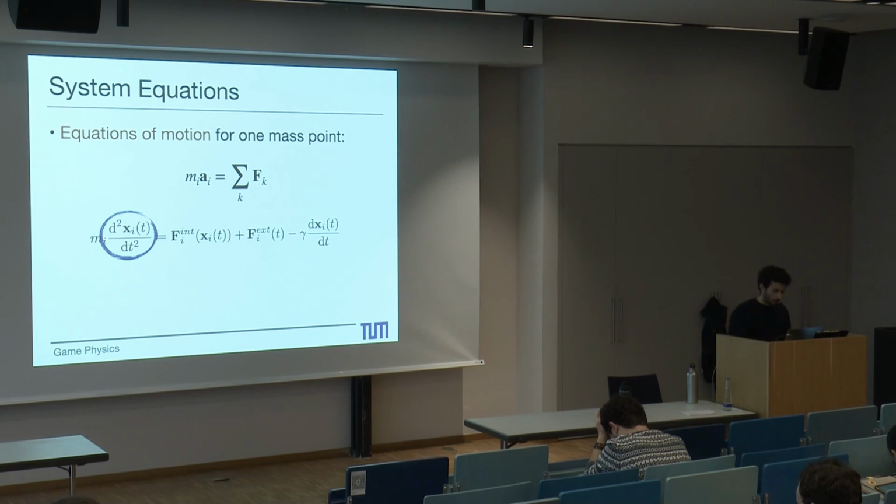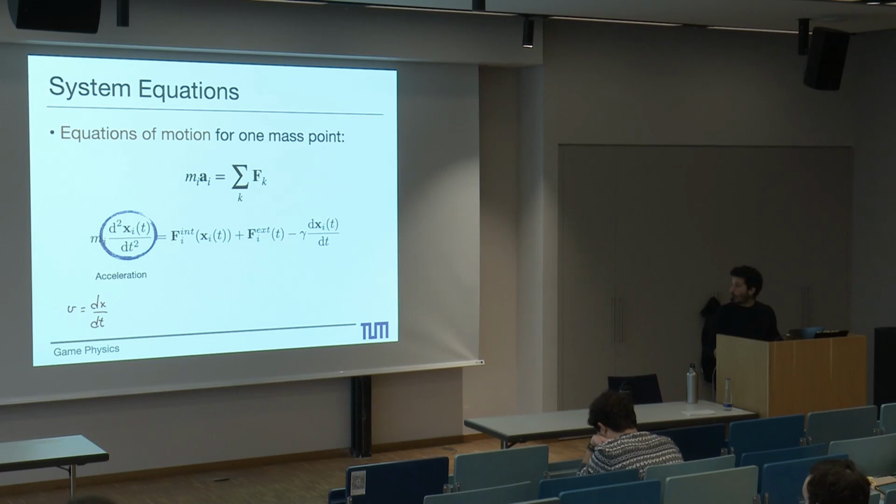So the first one, of course, is acceleration, and now it is written in a different way, but if we come back to the notation that we were using before, we saw that v was the derivative of the position with respect to time, and the acceleration was the derivative of the velocity with respect to time.